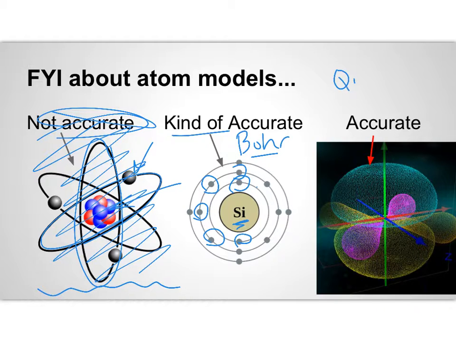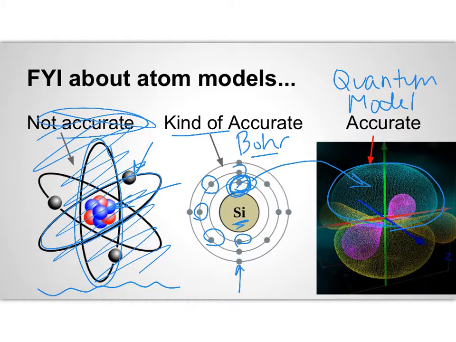is what we call the quantum model. So if you've ever heard the term quantum physics before, this is where the quantum model comes from. And essentially, all these electrons that we see in an atom, we can't exactly say where they're found around the nucleus. So in this case, this electron right here could be found somewhere in this region.